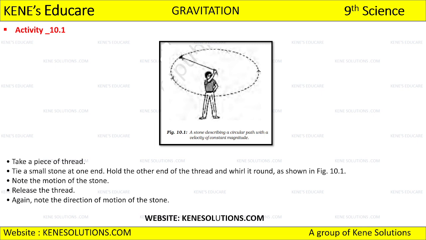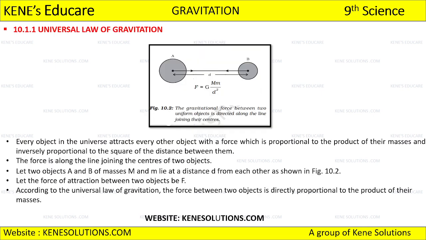Then after this activity, we started our discussion on the universal law of gravitation, where we have two different objects, A and B, at a distance from each other, and we represent that distance as d. As you can see, there's a formula given in figure 10.2, where capital G is the gravitational constant.